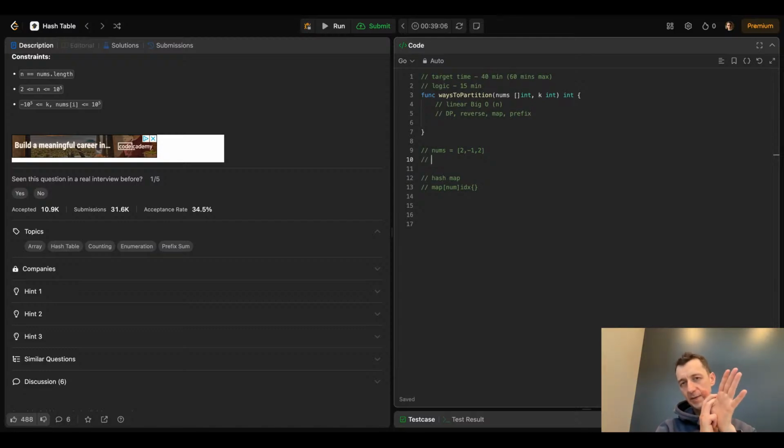Prefix sum, as we said, it's basically this: it's going to be 2, 1, 3.